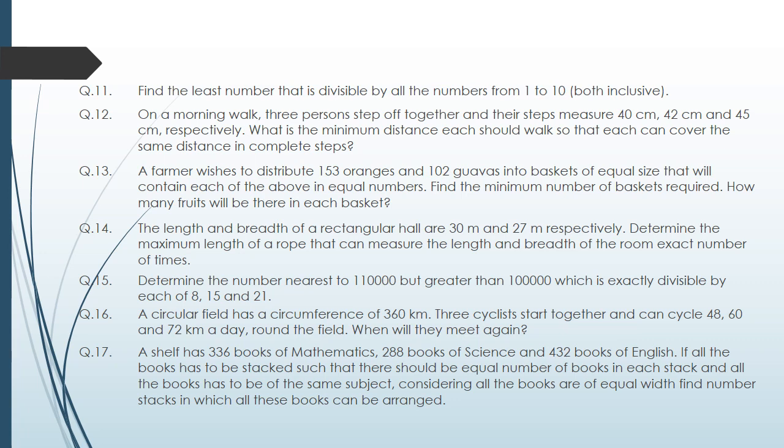The last question is exactly like the question of animals which we have solved. Here we have been given the number of books of each kind and we have to stack all these books such that there is an equal number of books in all the stacks. We are told that all the books are of equal width, so there will not be any issue.